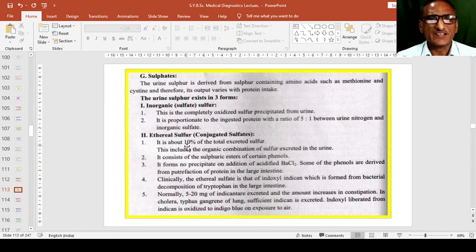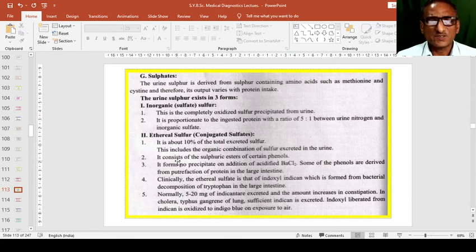Next is sulfate. The urine sulfur is derived from sulfur containing amino acids such as methionine and cysteine, and therefore its output varies with protein intake. So urine sulfur exists in 3 forms. Inorganic sulfur is completely oxidized sulfur, precipitated from urine.